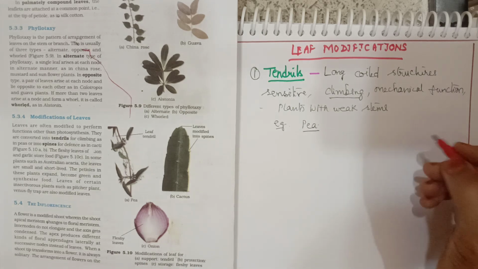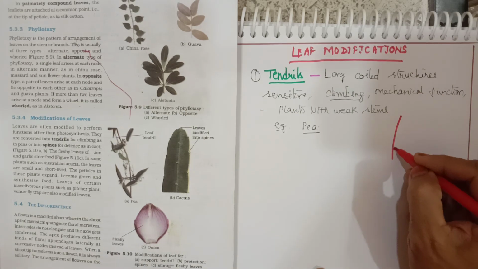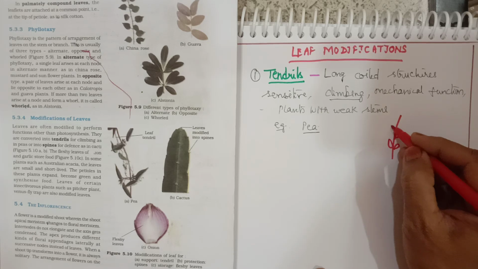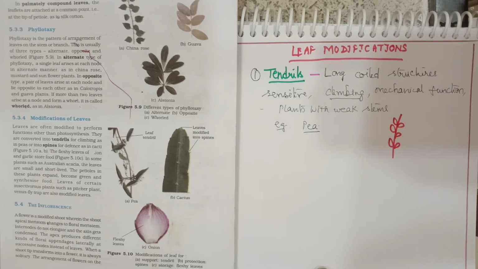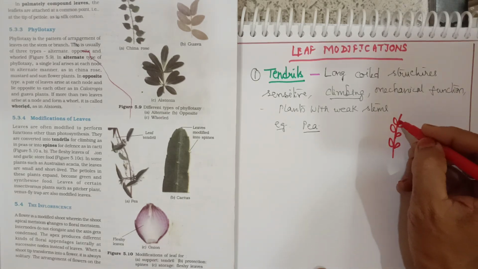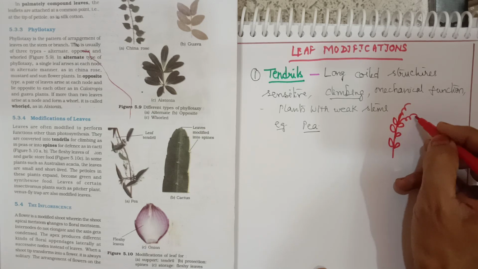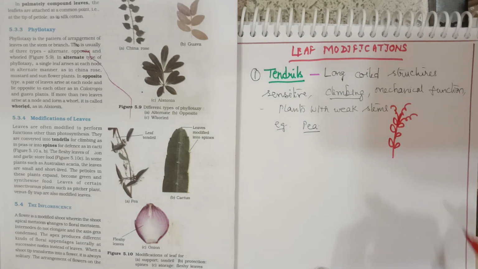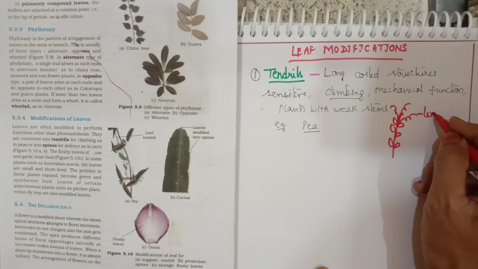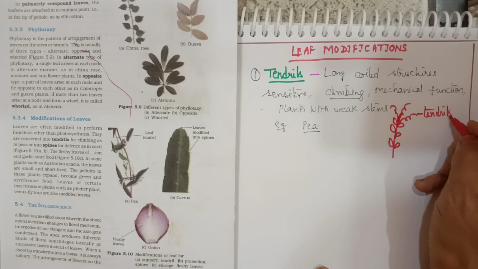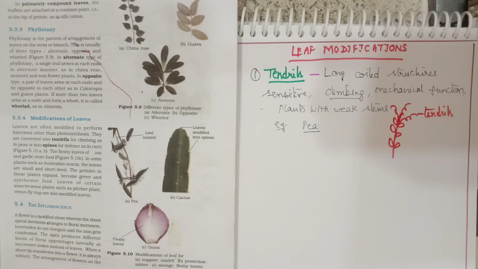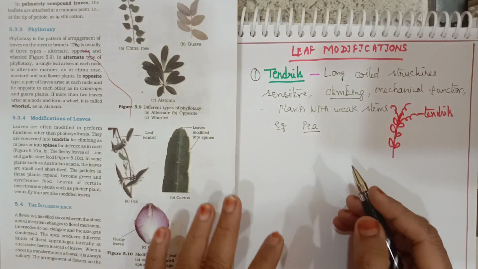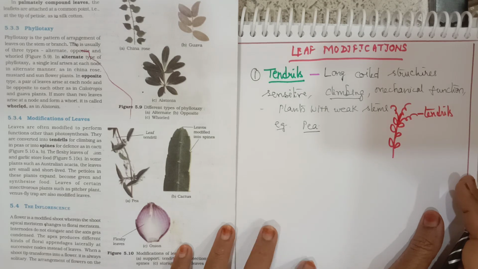We find a pinnately compound leaf. We have earlier discussed the types of leaves. So in pea we find a pinnately compound leaf, and the terminal leaflets are modified to tendrils. So that is the example of tendrils.